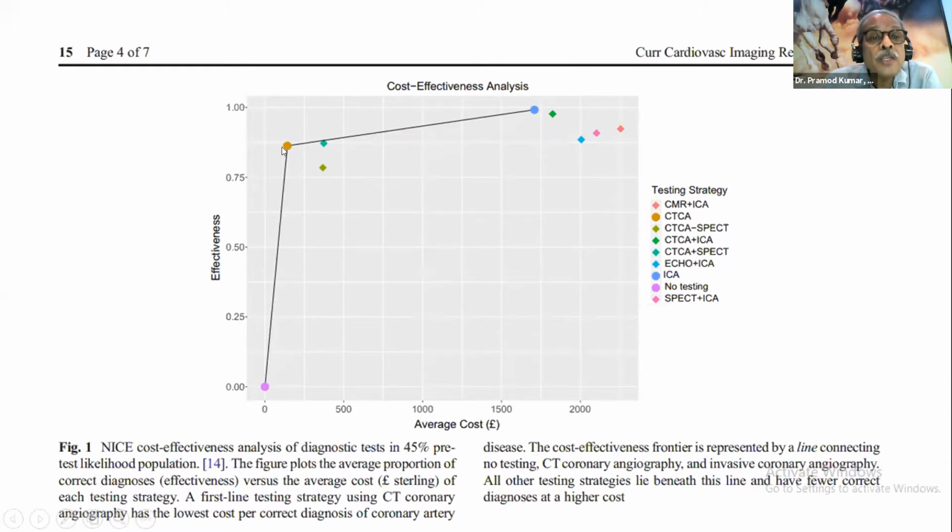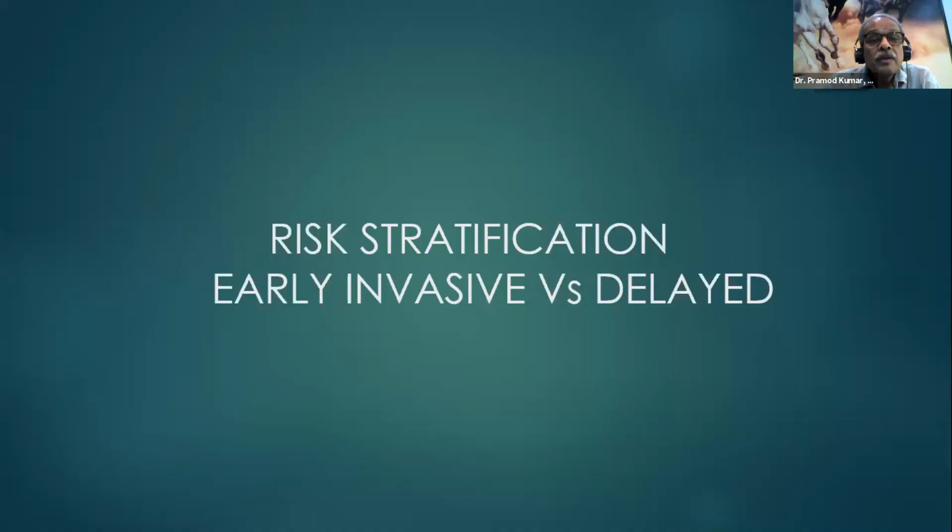The yellow dot is CTCA, which costs in the UK about 150 to 200 pounds, whereas the invasive coronary angiogram and all other modalities cost more than 1,500 pounds. So they have decided that this should be employed in as many patients as possible. All district hospitals now have facilities for this.